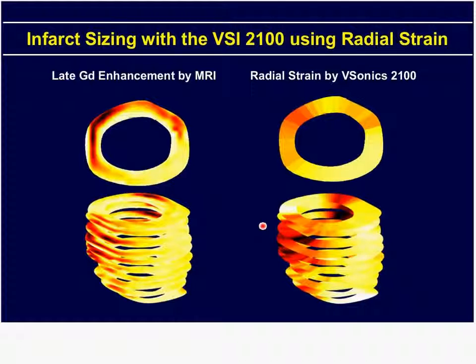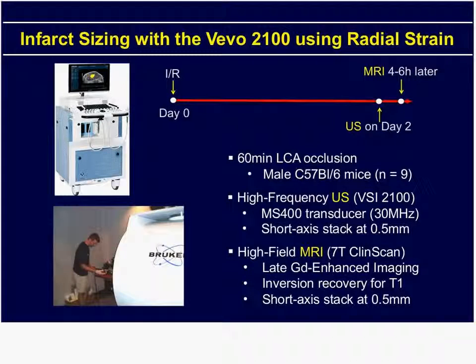If we compare these high density stacks of short-axis images for cardiac function, radial strain by the VEVO 2100 versus late gadolinium enhancement by MRI, you can see that there is a spatial correlation. So we wanted to try and put a number on this and make this a little bit more quantitative.